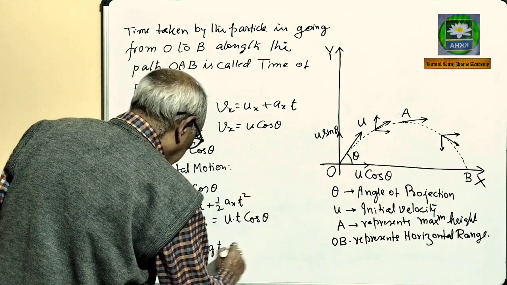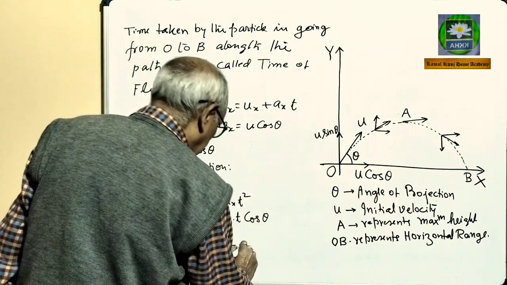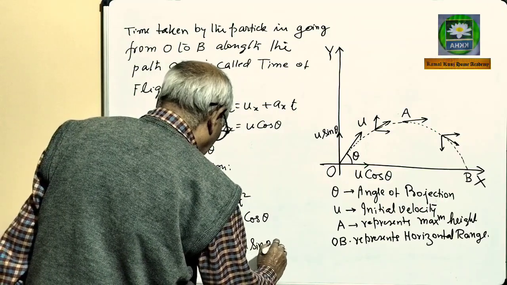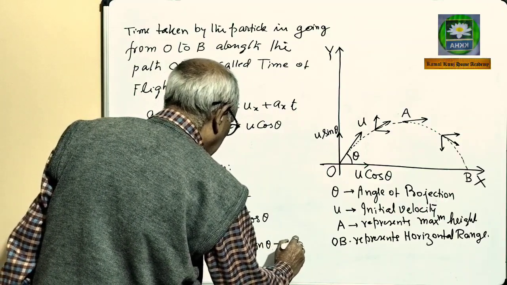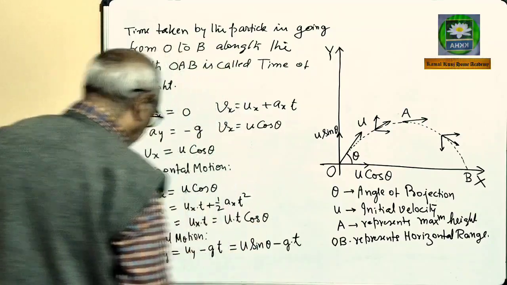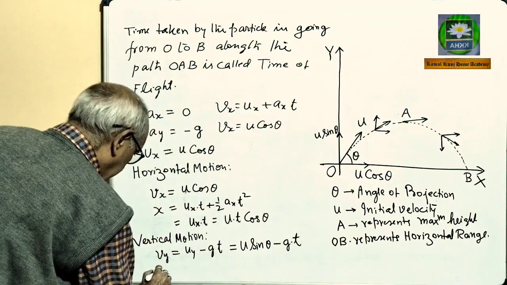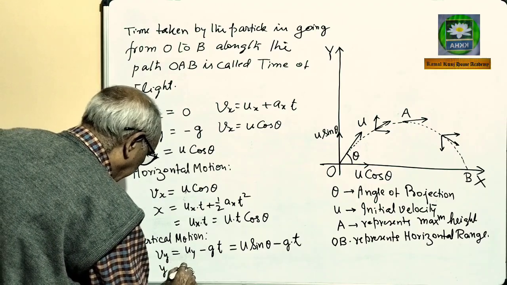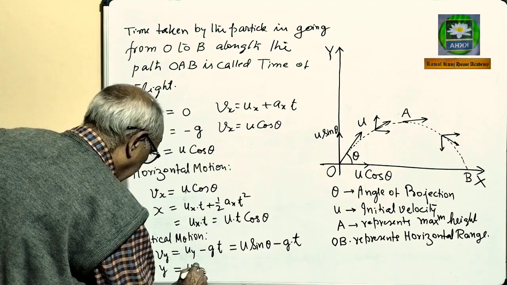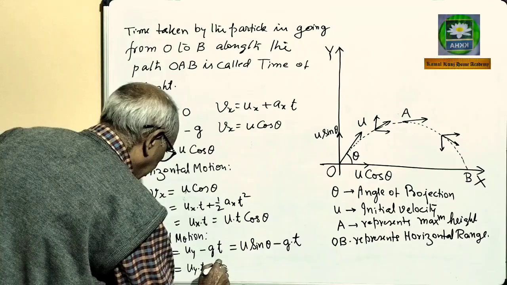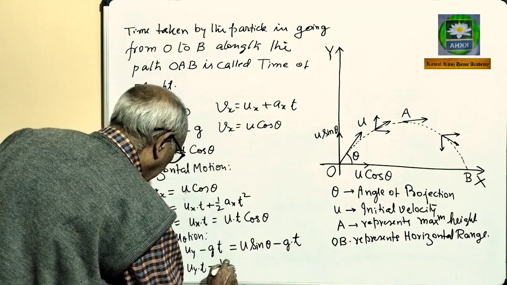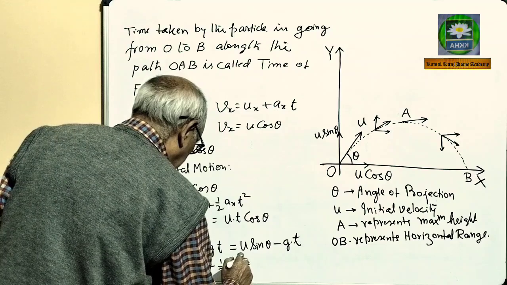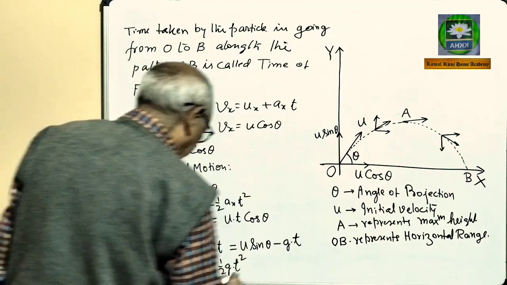This is equal to uy, which is u sin theta, minus g into t, and distance on y-axis will be uy into t minus half g into t square.